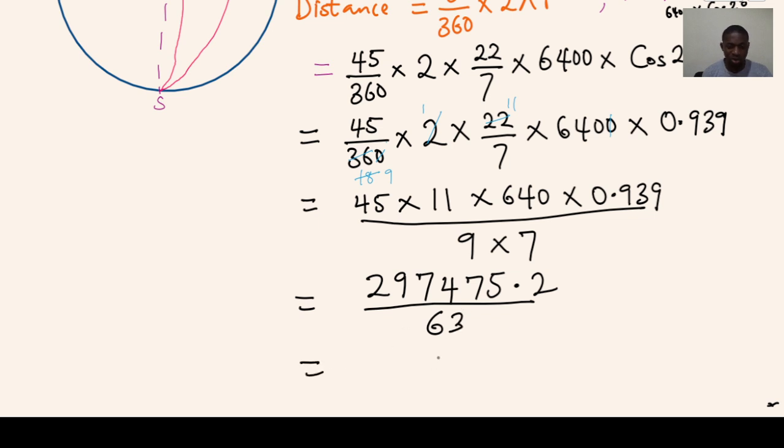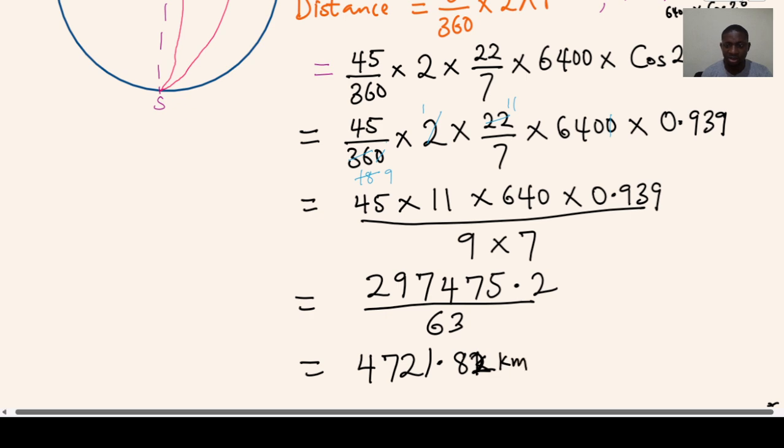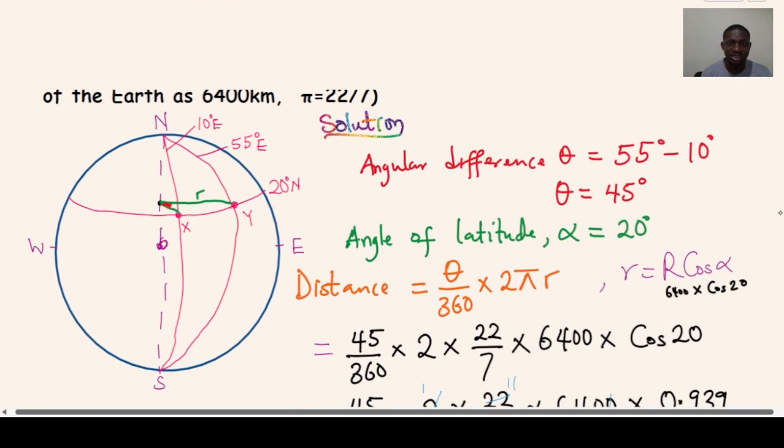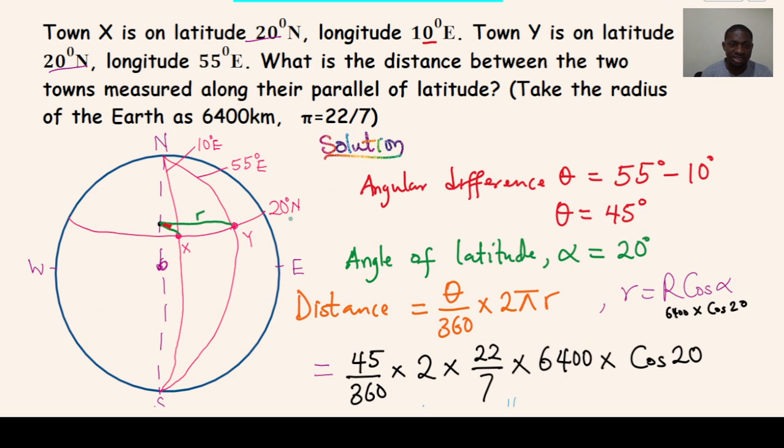And if we work on this, dividing it with our calculator, we have 4721.8282 kilometers. So that is the distance along this path, the parallel of latitude. That is the distance as asked in the question.